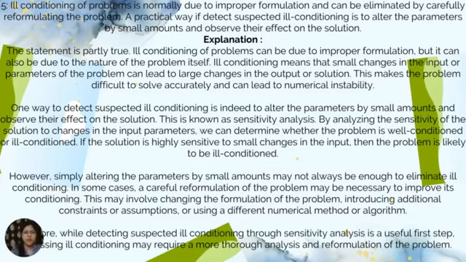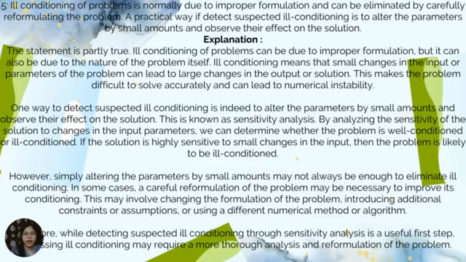Ill conditioning of problem can be due to improper formulation, but it can also be due to the nature of the problem itself. Ill conditioning means that small changes in the input or parameters of the problem can lead to large changes in the output or solution. This makes the problem difficult to solve accurately and can lead to numerical instability. One way to detect suspected ill conditioning is indeed to alter the parameter by small amounts and observe their effect on the solution.